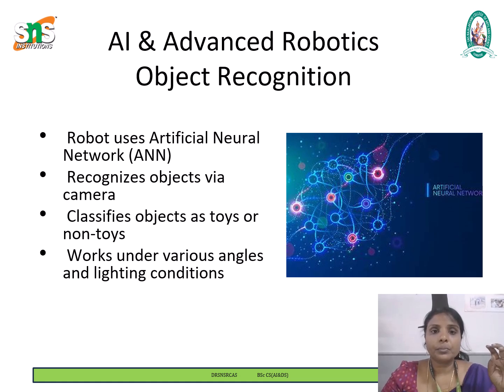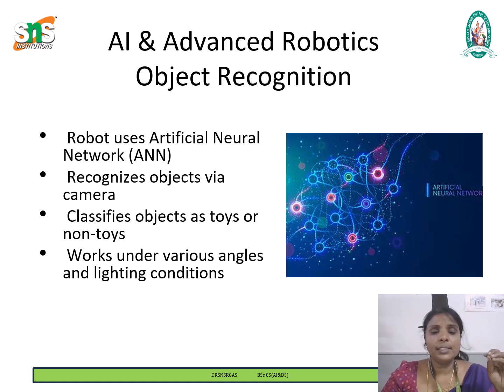When an object is detected, the image is processed by the ANN, which determines whether the object falls under the toy or non-toy category. One of the robot's key capabilities is its ability to function effectively under a variety of conditions, such as different viewing angles and lighting environments.